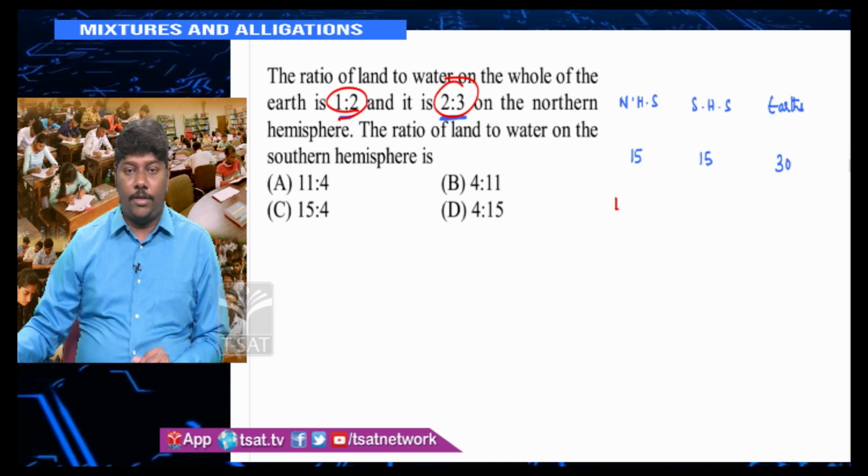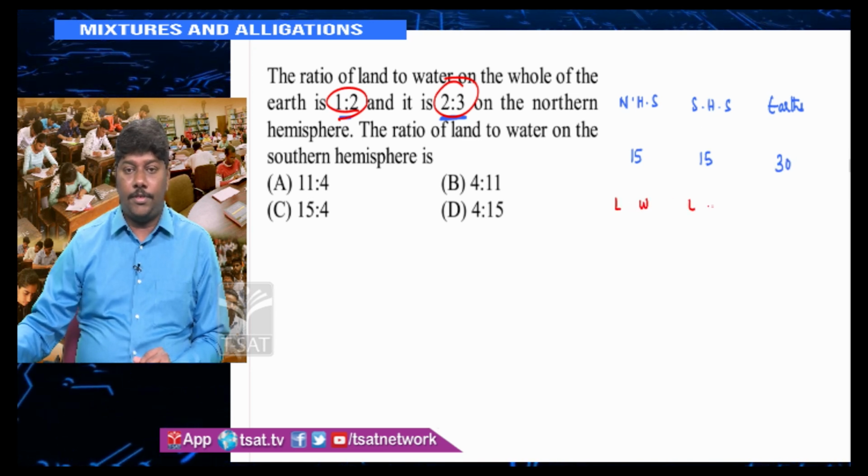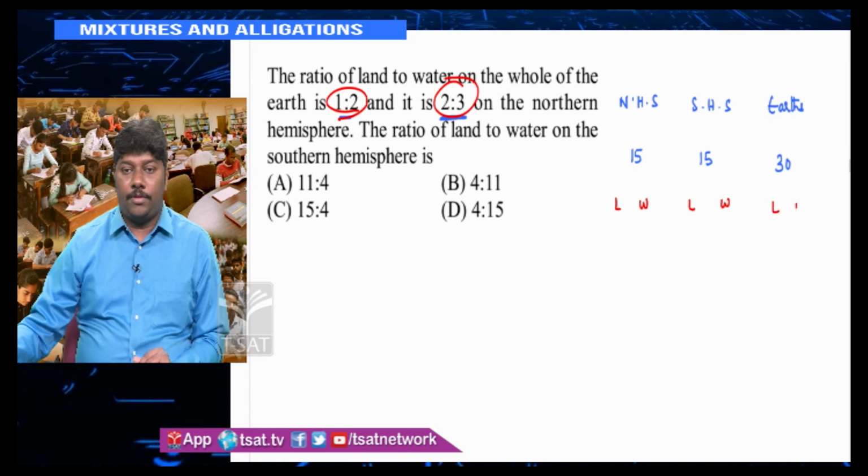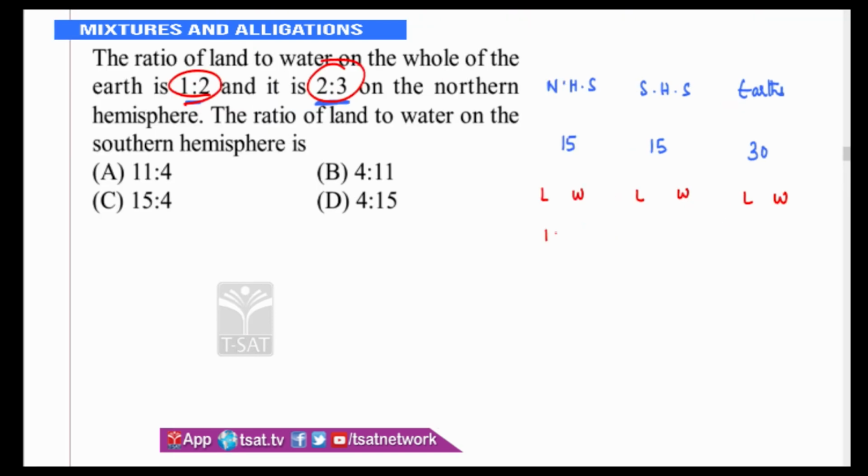Now land and water in the whole earth, divide into the given ratios 1:2, 2:3. Divide 15 in 2:3 ratio. The whole earth is 1:2 ratio. 5 parts is 15 means each part is 3. Therefore land is 6, water is 9. 3 parts is 30 means each part is 10.